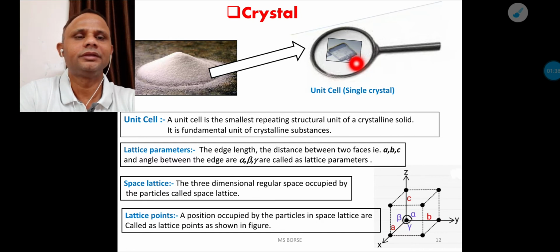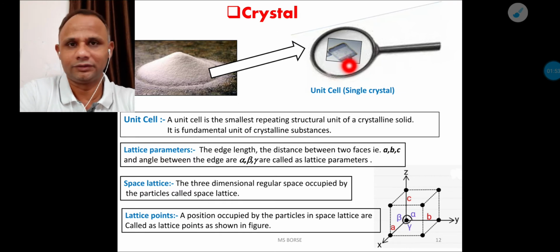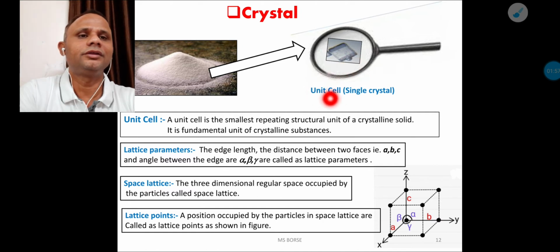We cannot divide this crystal into a next smaller crystalline unit, so it is the fundamental unit of crystalline compounds, right? So this is called a unit cell.